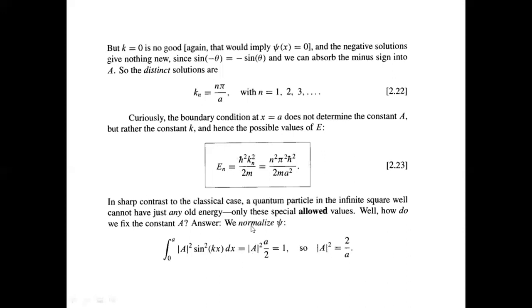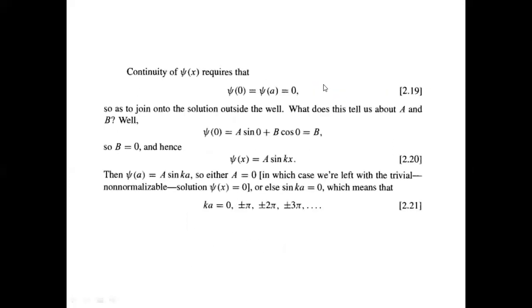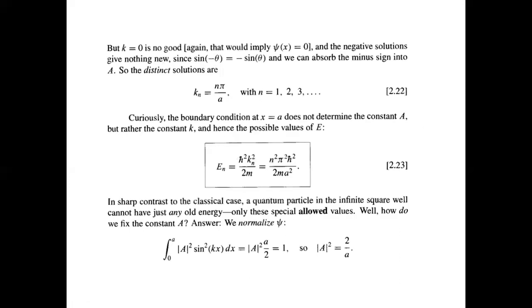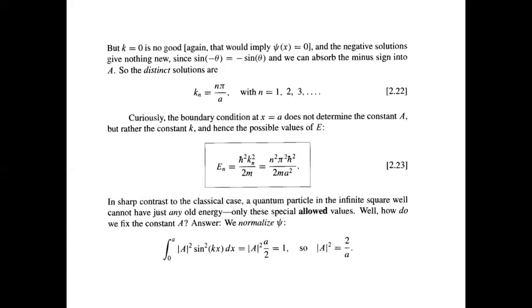Next, we have obtained the solution, but we have to normalize it, because this phi that we obtained is interpreted as the probability amplitude. Sine can have a negative value, and a negative probability doesn't have any meaning, so we take the square of the function, the probability density.